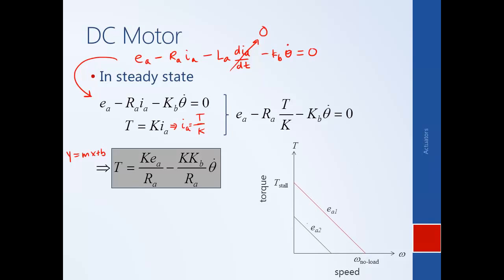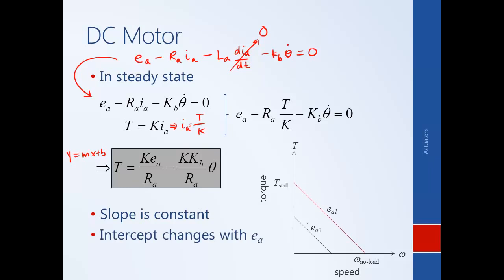Looking at this, the constant multiplying the independent variable is our slope. And it's constant and it's always negative because these parameters are positive and there's a negative sign in front. So we get this constant slope that slopes downwards, and this is a function of these parameters.